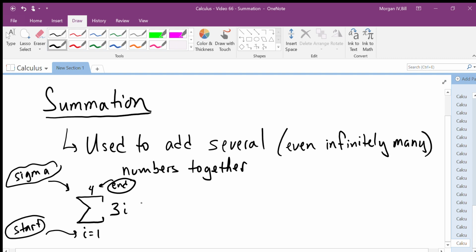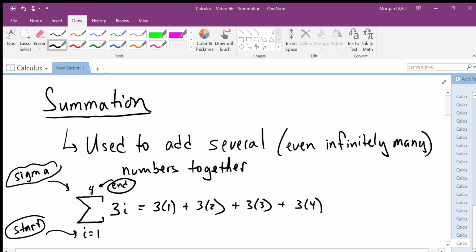So this looks something like 3 times 1, and since it's sigma notation, that tells me I'll be adding the next term to it, 3 times 2, plus 3 times 3, plus 3 times 4. And the number at the top says I stop at 4. I start at 1, I end at 4, and I always move by ones. Okay. And I add or sum all of those numbers.